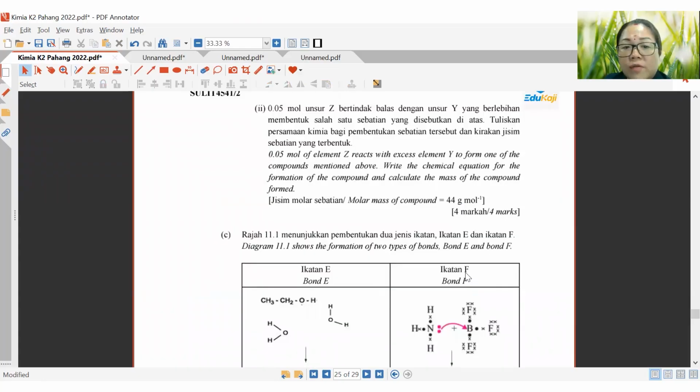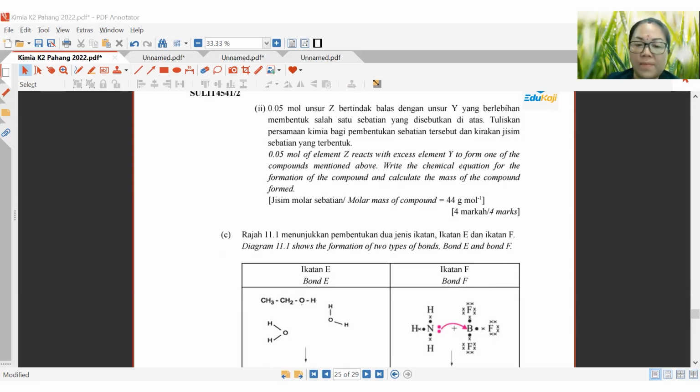Okay, 0.05 mole of element Z reacts with excess element Y to form one of the compounds mentioned above. Write the chemical equation for the formation of the compound and calculate the mass of the compound formed. So you are given the molar mass of compound is 44 gram per mole.